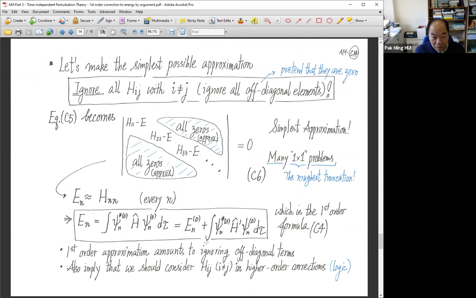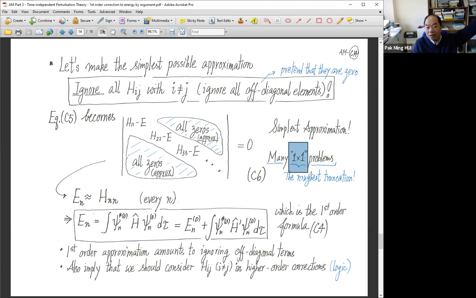Okay? What does it mean? You are truncating this exact huge matrix into many one-by-one matrices. You only see the diagonal one, okay?